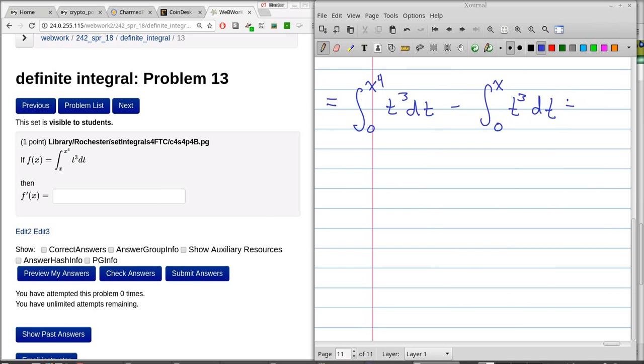So all of this is equal to f of x. And now if I want to find the derivative, I take the derivative of each part, and so the first part is going to be x to the fourth cubed times the derivative of x to the fourth, which is 4 times x cubed, minus the derivative of this thing, which is just t cubed, or sorry, x cubed.